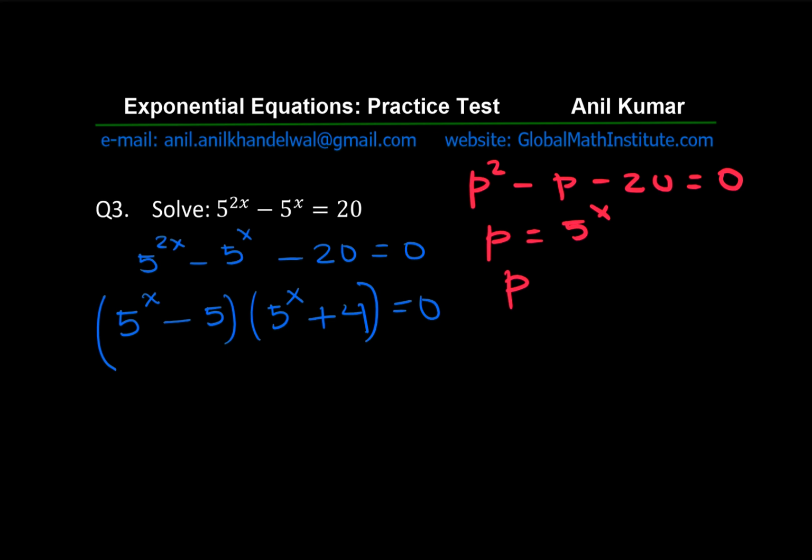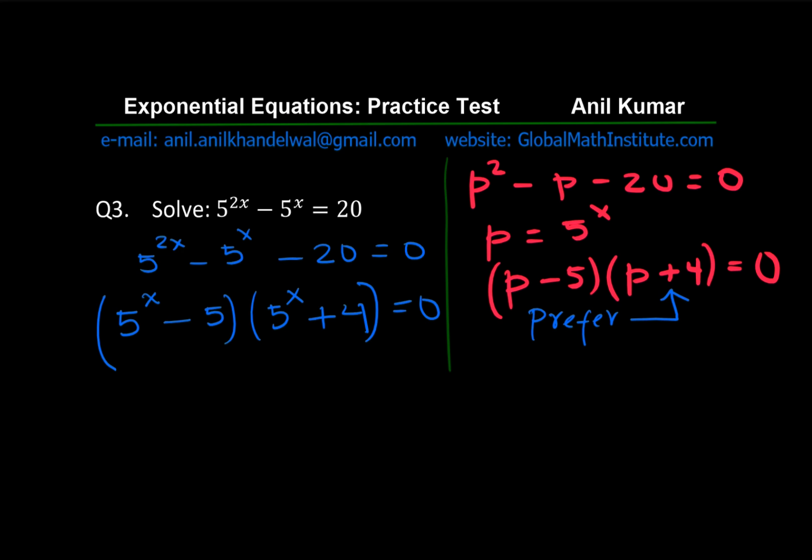Minus 20 is 5 times 4, so we could write this in the factored form (p minus 5) times (p plus 4) equals 0. So you could also do this after substitution as shown here, or you could directly do as I provided you with the solution. Both are correct. Okay, so well, this is preferred. I'll prefer this. For most of the students, that should be the step. Don't go direct as I did.